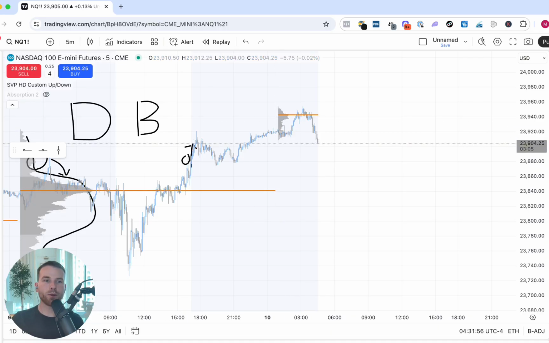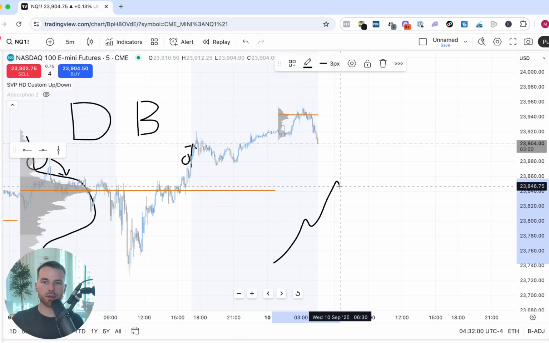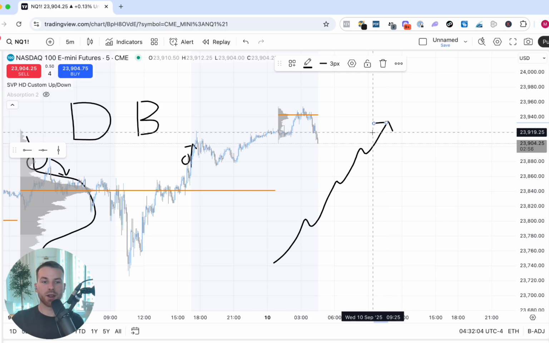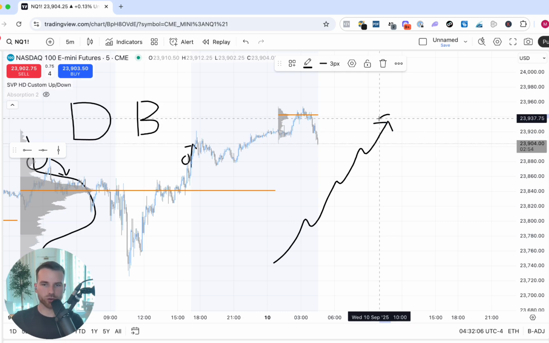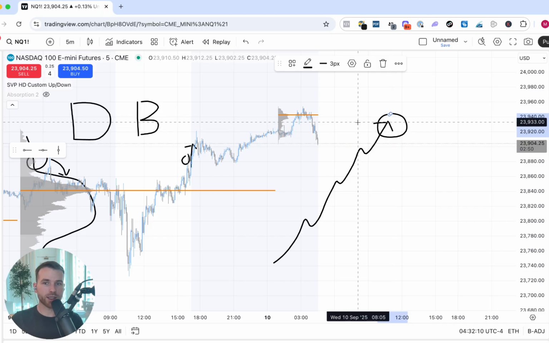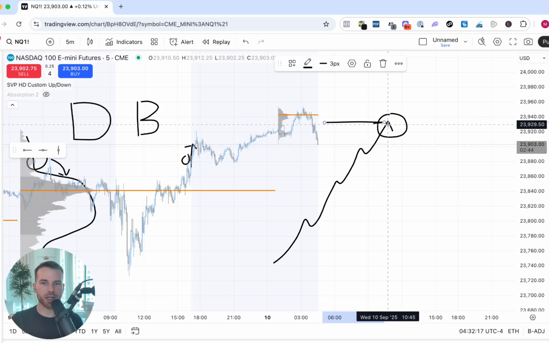Okay, if you have a trend day, meaning the market is just going up, up, up, up the entire time, then you don't want to go for a reversal trade. You don't want to do this because there's a very high probability that you don't know where to look for this level right here, where things become a bit more difficult for the market to shoot up even further.